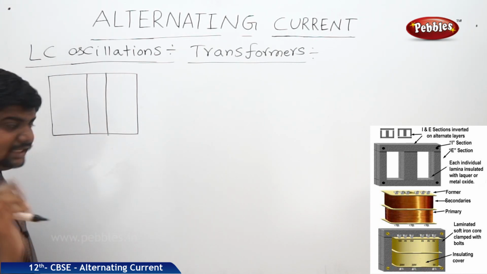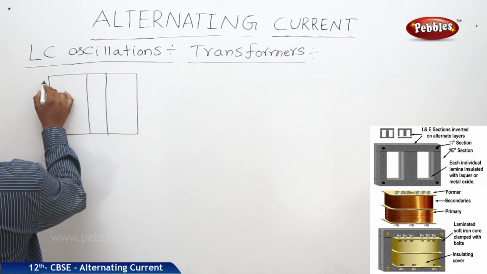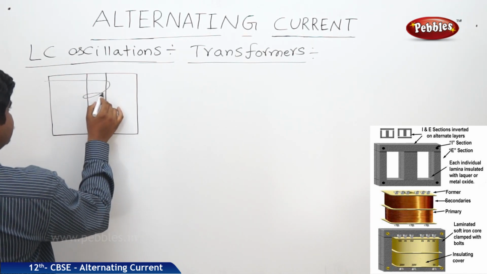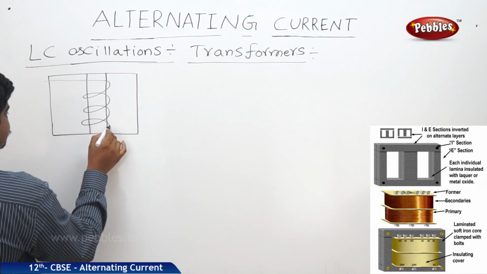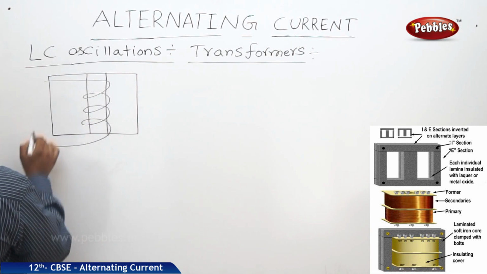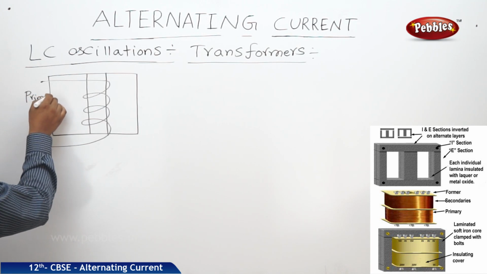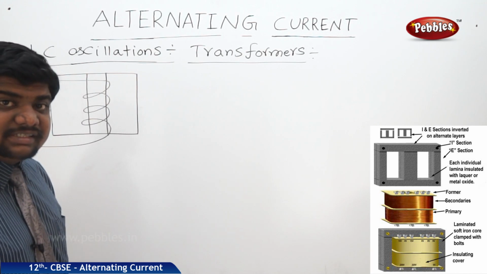It has two coils, primary coil and secondary coil. Let us write this one as primary coil. And it has one more coil, that is secondary coil.